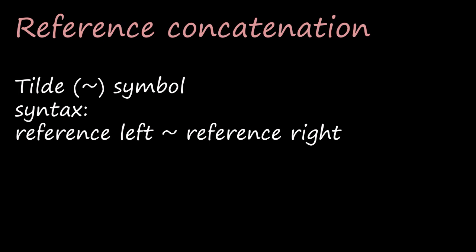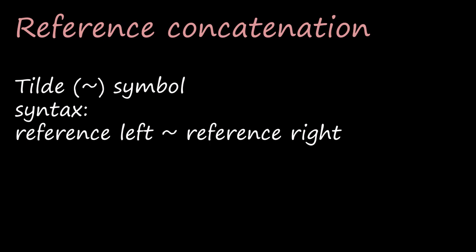You all would have seen the symbol on the keyboard, and we have not known the use of that operator. This tilde symbol is used as the concatenation operator in Calc. An expression using a concatenation operator has this syntax: reference left, concatenation, reference right.